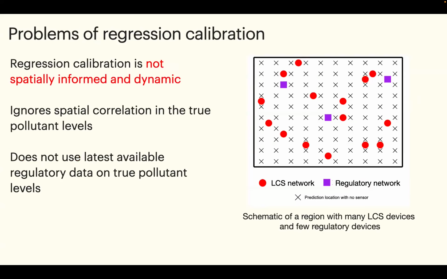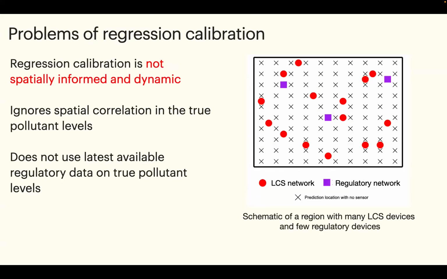There was a second problem: the regression calibration was spatially unaware, in the sense that it doesn't use any information that air pollution at nearby places would tend to be similar, which is one of the bases for doing spatial modeling, that we model this correlation.